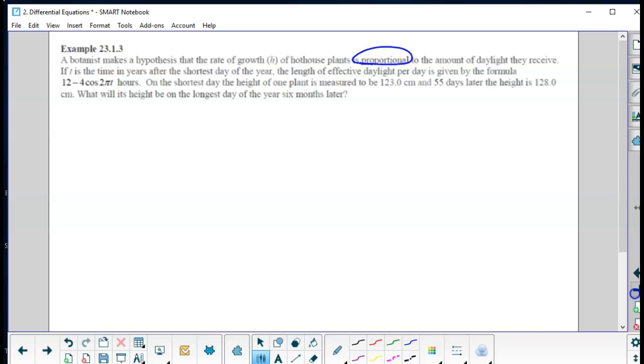So that means the rate of growth, dh dt, is equal to a factor of that function. Often we use k for a proportionality constant, so it's k times that. So we don't know what k is.